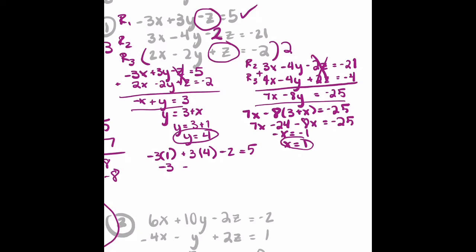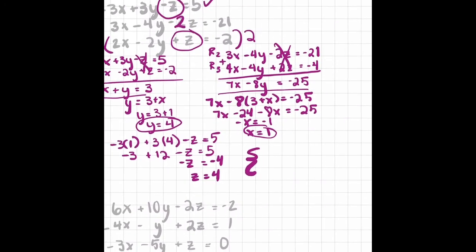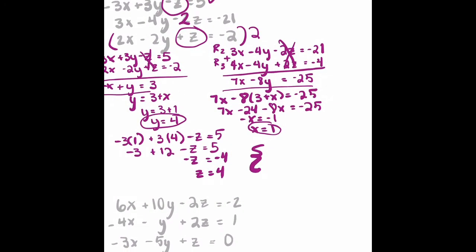So I see negative 3 plus 12 minus z equals 5. So I'm left with negative z equals negative 4. So z equals 4. And I need to again put that in the same notation as I did for my other 2 variable equations. So 1, 4, and 4.